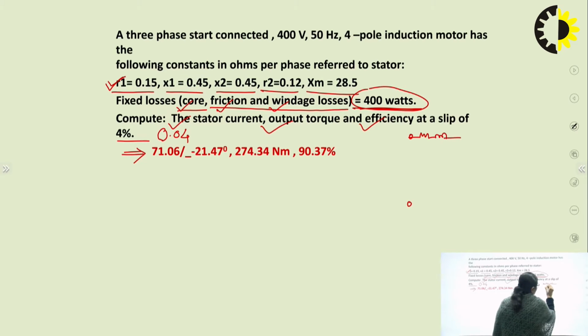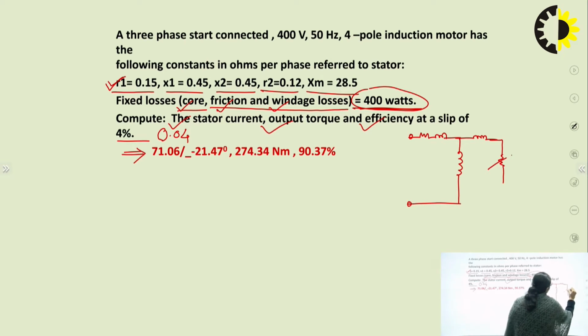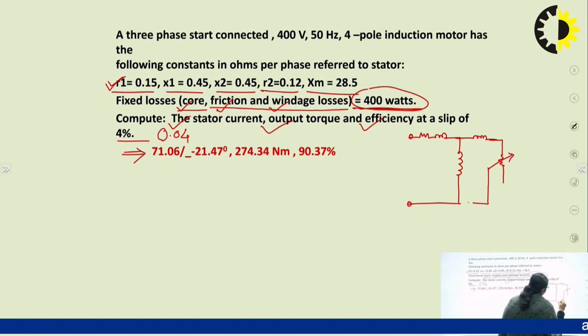So I have got R1, then X1, then I have got magnetizing reactance Xm, then I have got the rotor winding leakage reactance and then I have got the variable rotor circuit resistance in the equivalent circuit as R2 by S, right? This is jXm, this is jX2.